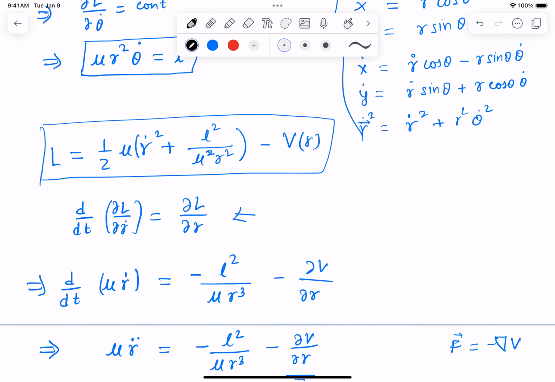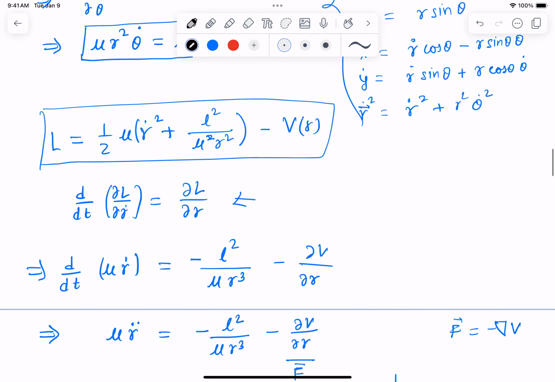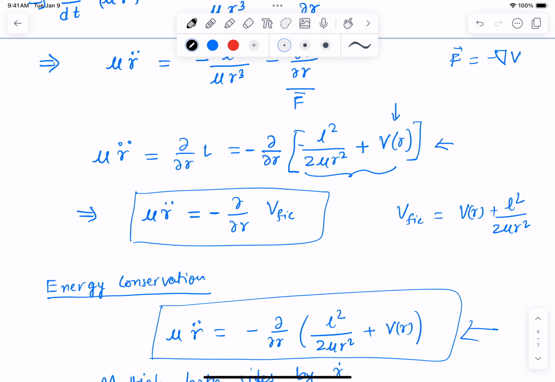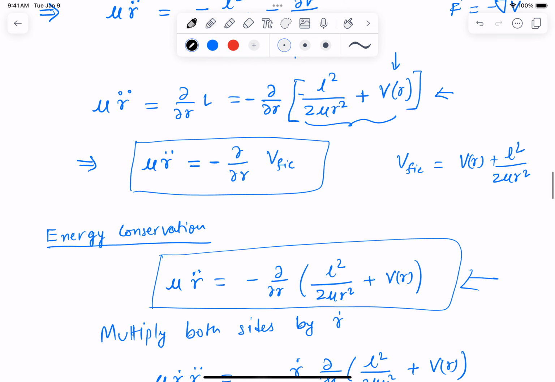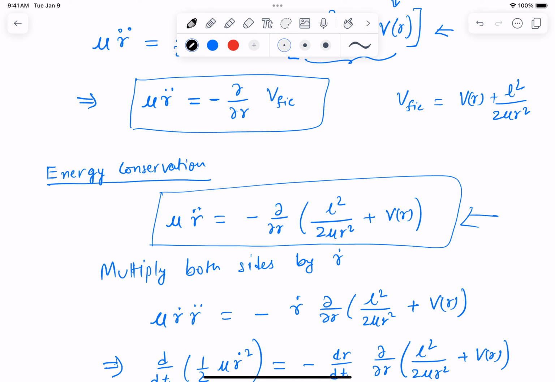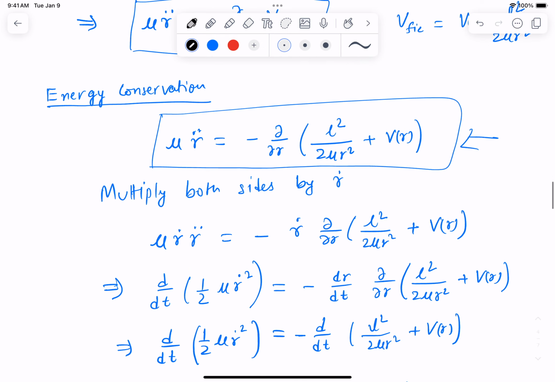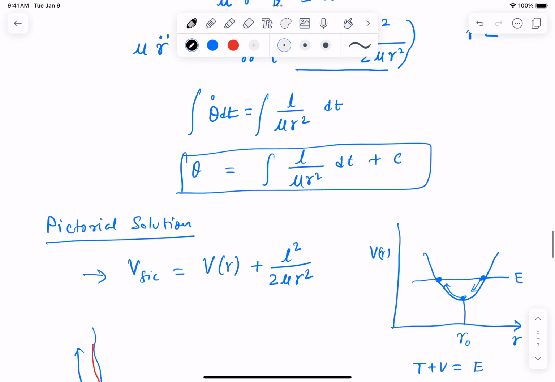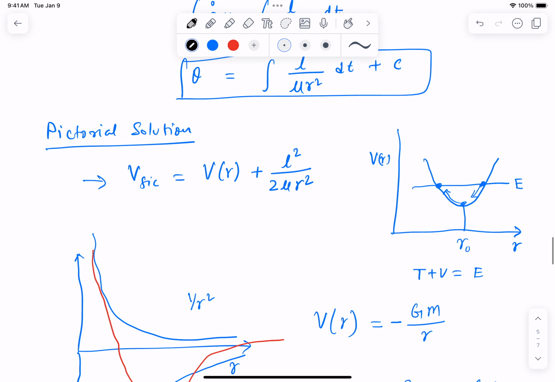Now that this Lagrangian is only in terms of the radius r, we can find the equation of motion. We realized that the equation of motion can be written as mass times acceleration equal to the gradient of some fictitious potential. We also realized that the energy of this system was conserved. And after we proved energy conservation, we used pictorial methods to find out how the motion would look.